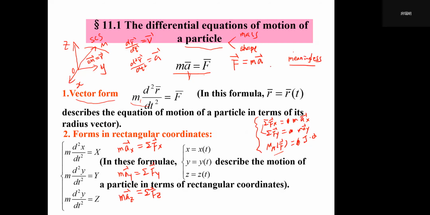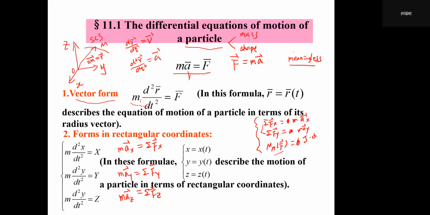I have mentioned when we can treat the object as a particle, according to the problem we are investigating. So for a particle, we actually only use these three equations.